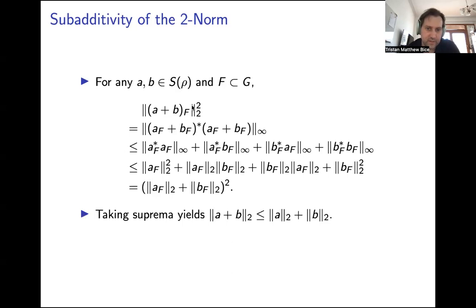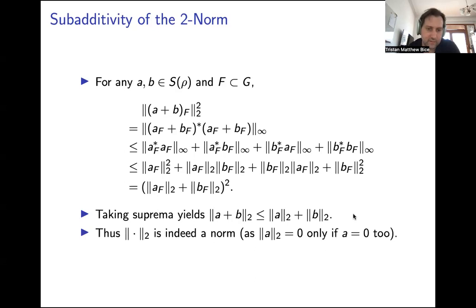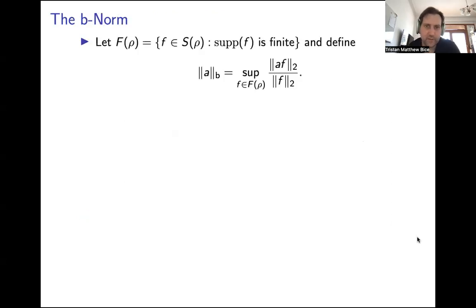Taking suprema gives you the 2 norm of A plus B on the left, whereas over here, this will give you the 2 norm of A plus the 2 norm of B. So it really is subadditive, and hence it is really a norm. I guess subadditivity tells you it's a semi-norm, but as we already mentioned, if the 2 norm of some section is 0, then A has to be 0. So it's not just a semi-norm, it's really a norm. So that's reassuring. My terminology is not stupid.